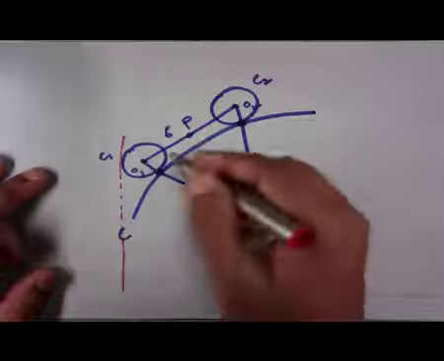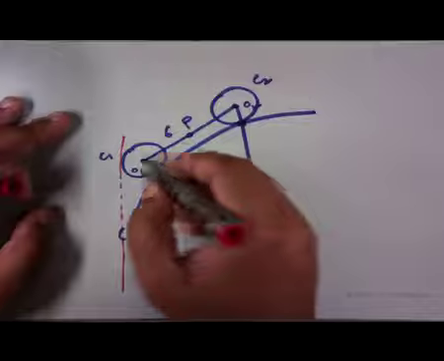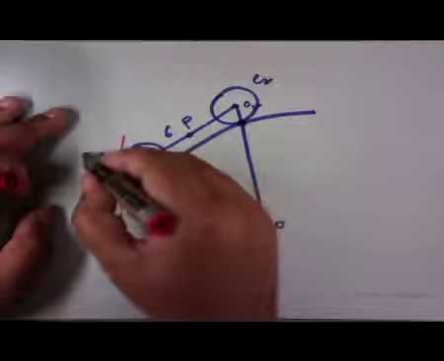So, the other case could be that we have a tangent like this.